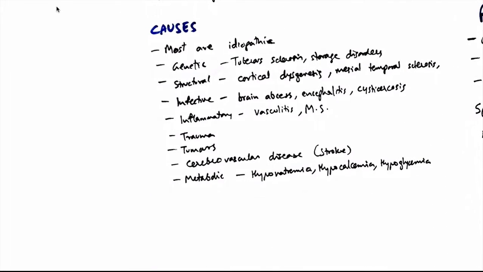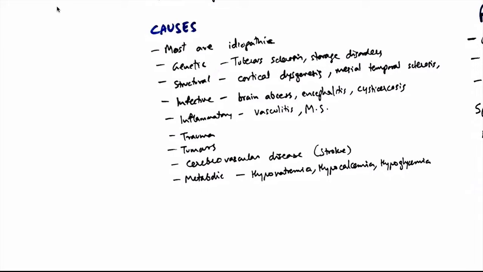There are many causes for epileptic disorders, but majority of them are idiopathic in nature. People with epilepsy can have underlying genetic disorder like tuberous sclerosis, neurofibromatosis, or storage disorders. They can have structural brain abnormalities like cortical dysgenesis, mesial temporal sclerosis.